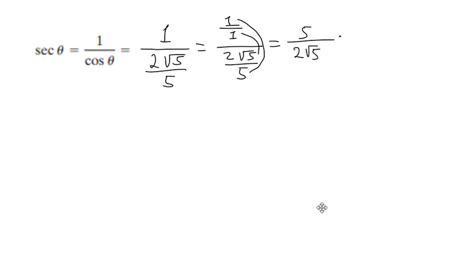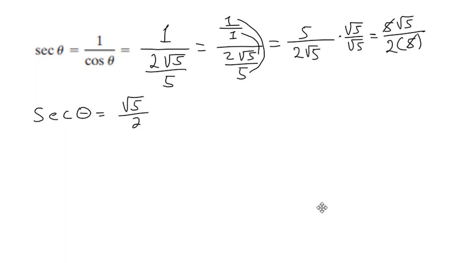Again, we're going to do rationalization. Square root of 5 divided by square root of 5. 5 square root of 5. 5 times 5 is 25, then the square root of 25 is going to be 5, right? 2 times 5. I can divide 5 divided by 5, which is 1. And my final answer is going to be square root of 5 divided by 2. Then secant of theta is equal to square root of 5 divided by 2.